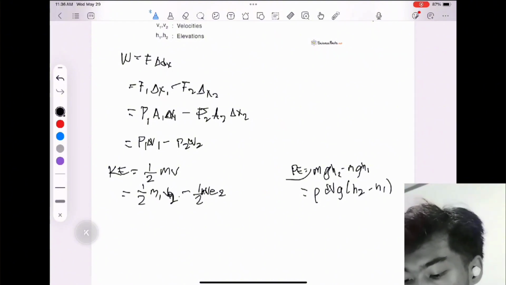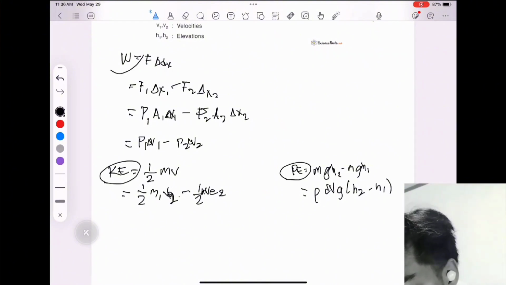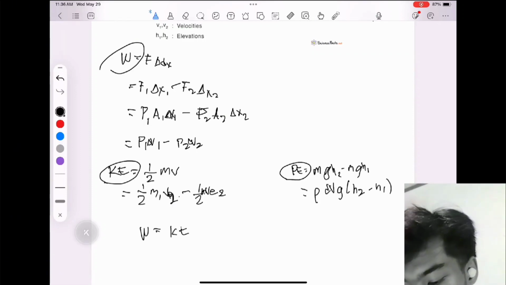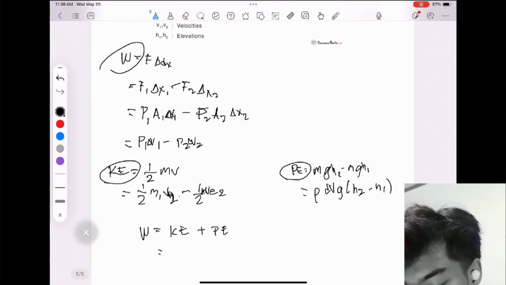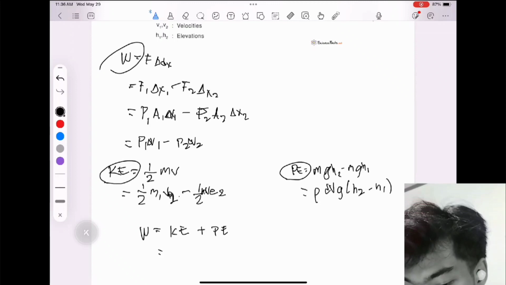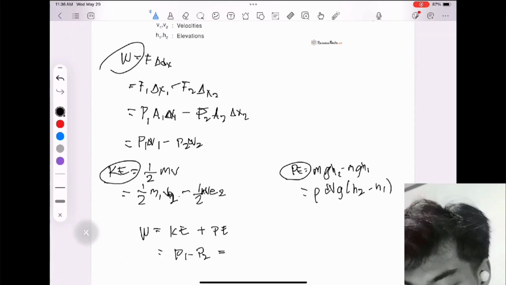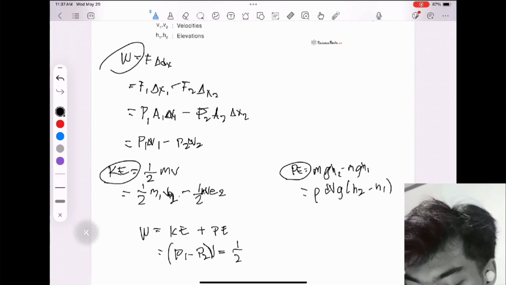So, inputting all of it, magiging (P1 minus P2) times V, which is volume, is equal to 1/2 rho volume times (V2 squared minus V1 squared) plus rho volume gravity times (height 2 minus height 1).